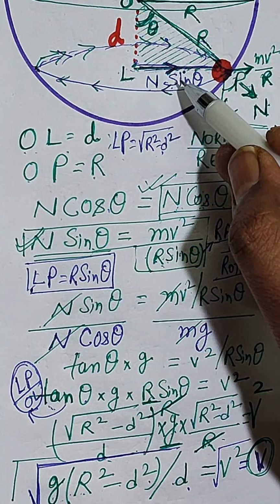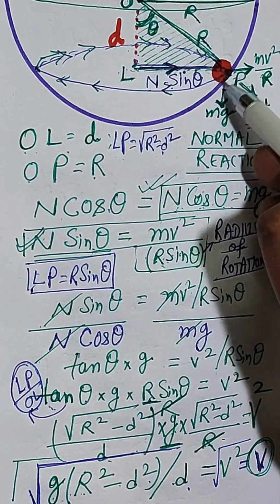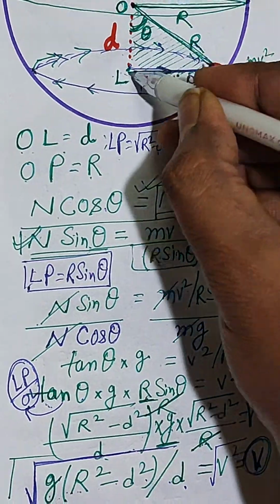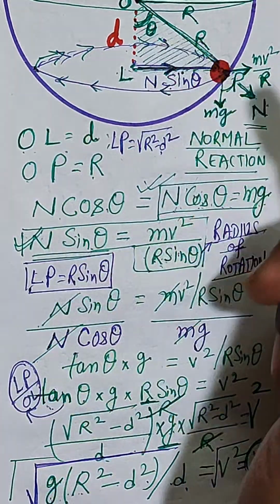And from here you can see that this ball is rotating at a depth of d and touching the wall of the bowl.